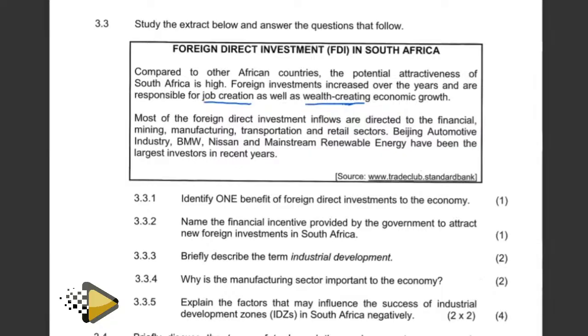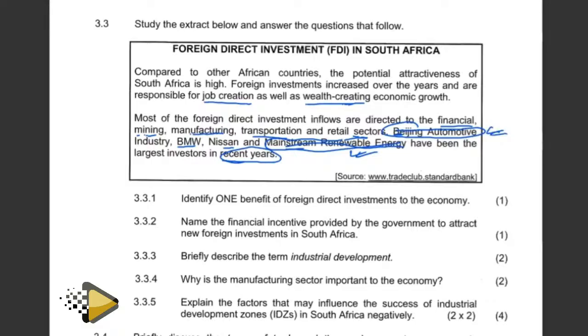Most of the foreign direct investment inflows are directed to the financial, mining, manufacturing, transportation and retail sectors. The Beijing automotive industry, BMW, Nissan and the Ministry of Renewable Energy have been the largest investors in recent years.